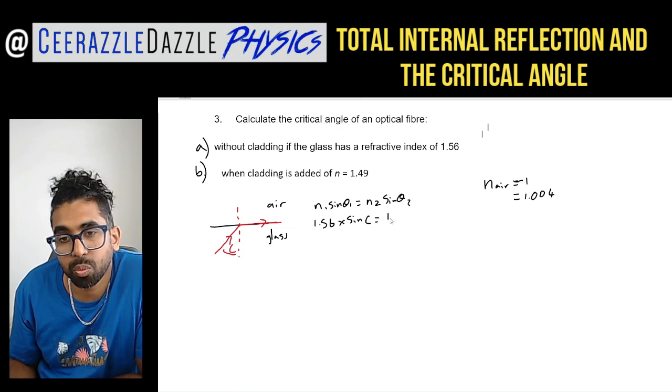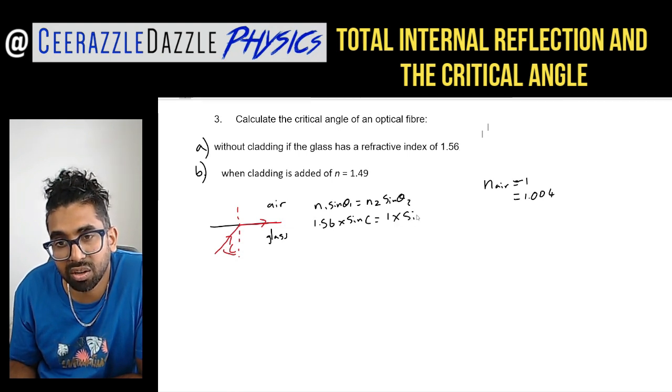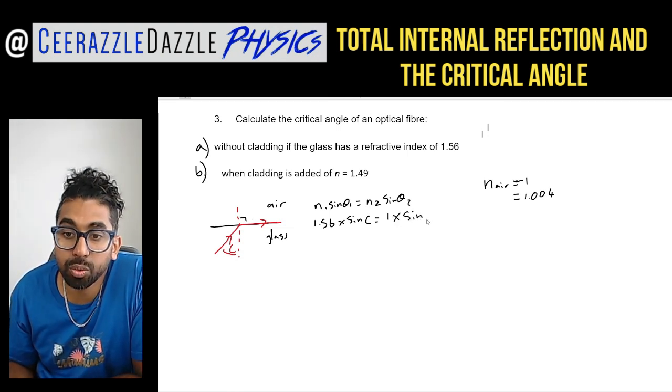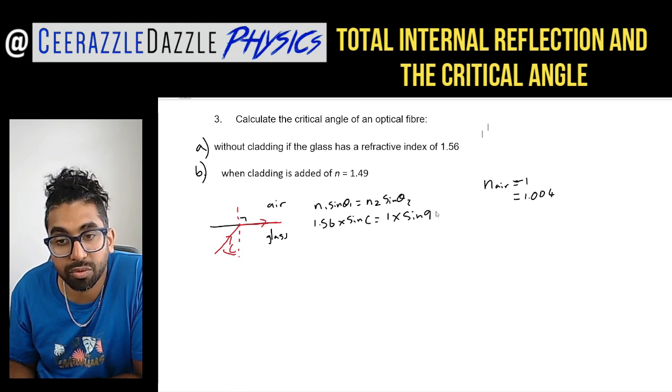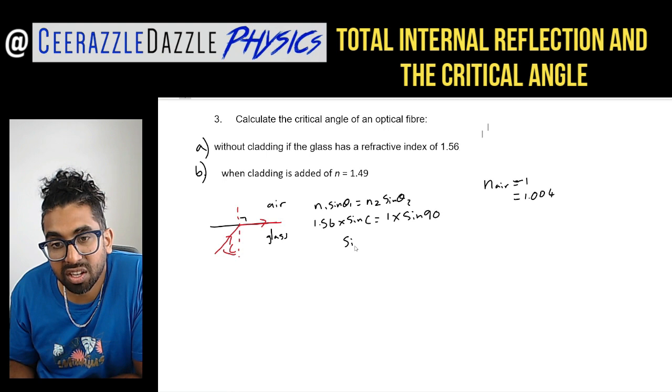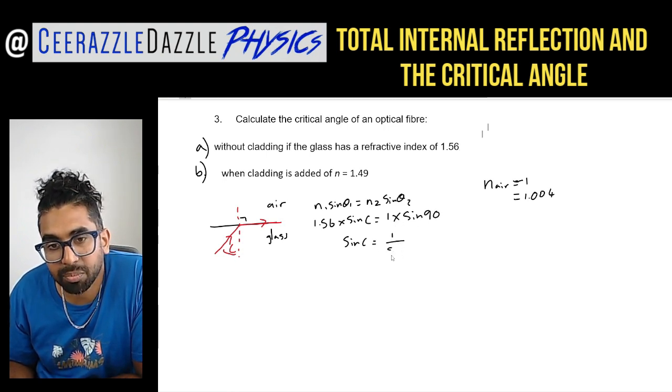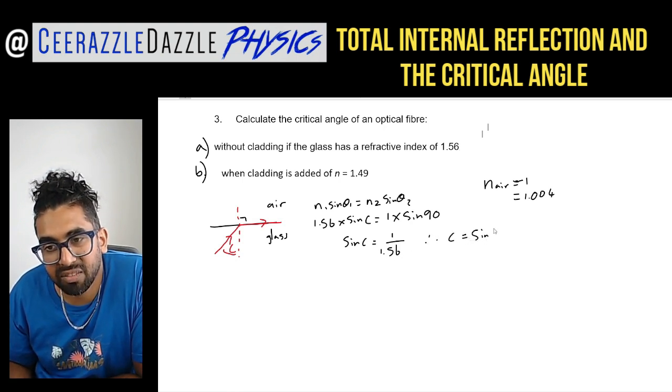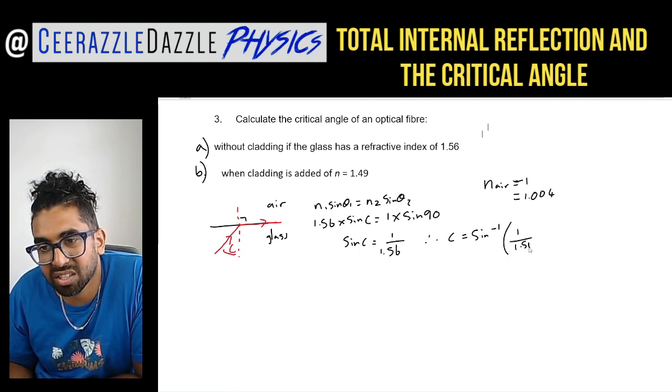So 1 times sine of theta 2. Theta 2 is going to be 90 degrees, which is therefore going to be equal to 1. So rearranging this, sine of the angle C is equal to 1 times 1, which is 1, so 1 divided by 1.56. And therefore, C is equal to sine inverse of 1 divided by 1.56.